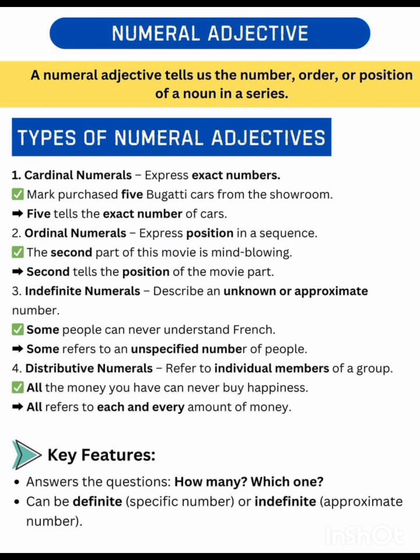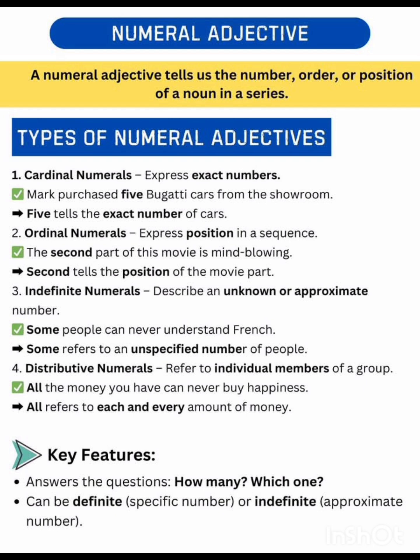Now, having understood this, we would now like to go to the next one, that is the numeral adjective. This is very important because this type of adjective talks about an exact number, order, or position of a noun. Suppose I say I have 2 books. So 2 and books form a noun, a countable noun, but the word 2 itself becomes a cardinal numeral adjective because it talks about a specific number of books.